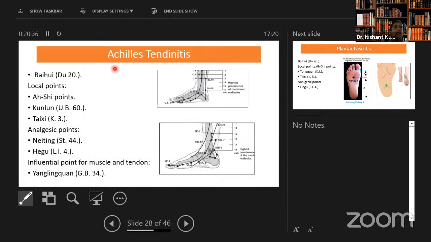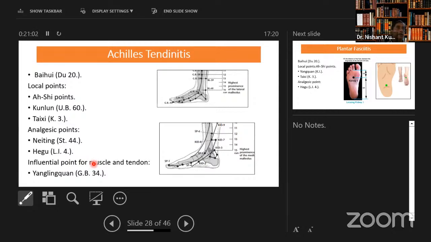For Achilles tendinitis, again now we will go for some posterior points. Okay. So apart from Ashi points, UB60 and K3 are the permanent points for any ankle disorder. We will go for some stomach channel and LI4 because this is a problem of the Achilles tendon, musculoskeletal.